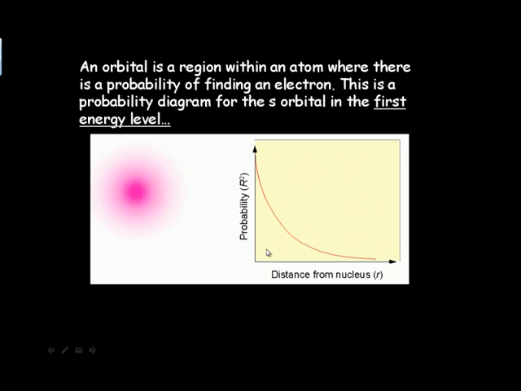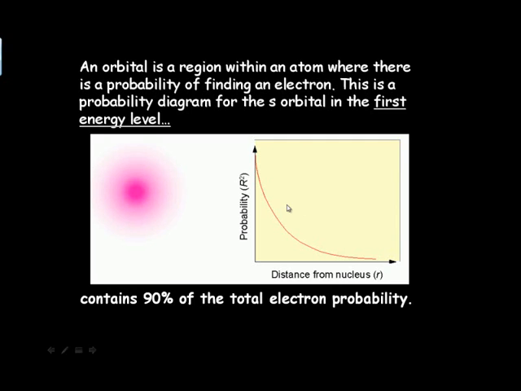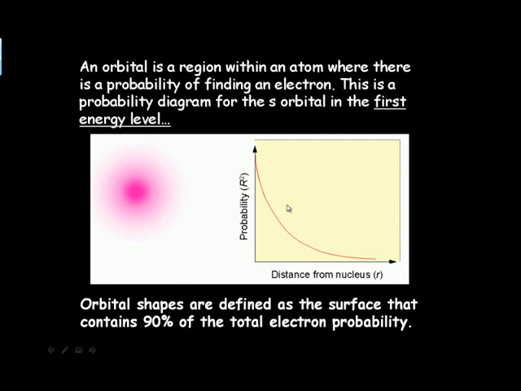Now, all of these help us to put electrons into orbitals, but keep in mind that an orbital is just where there's a high probability of finding an electron. And on the screen, we can see the S orbital in the first energy level represented.